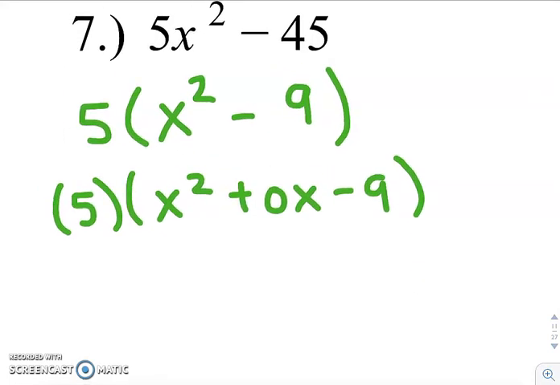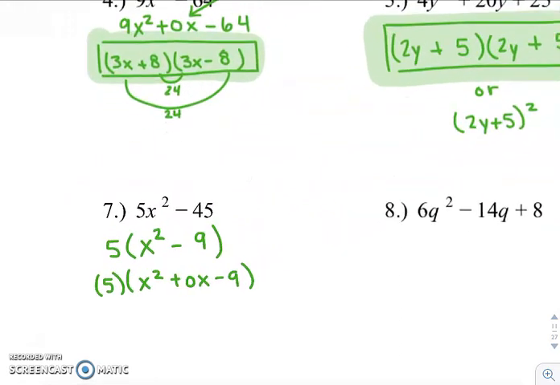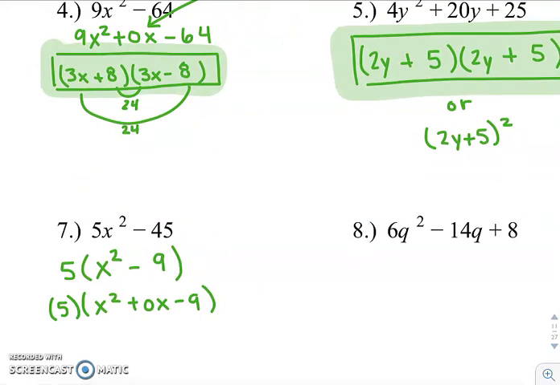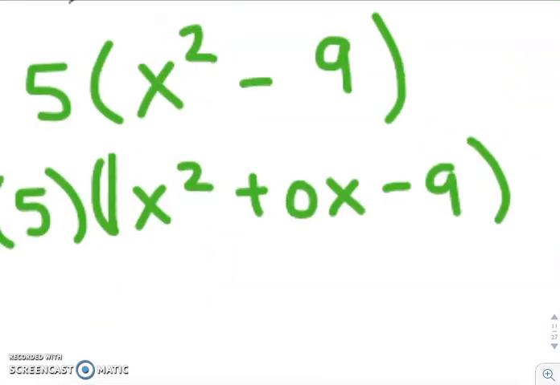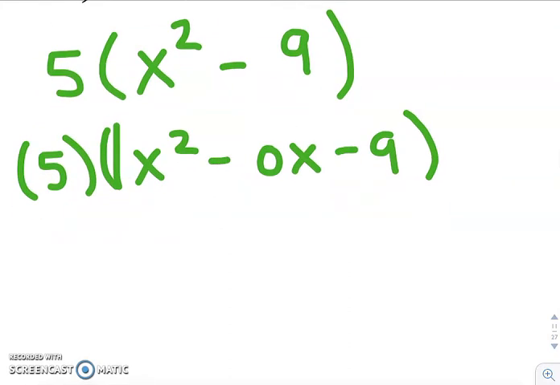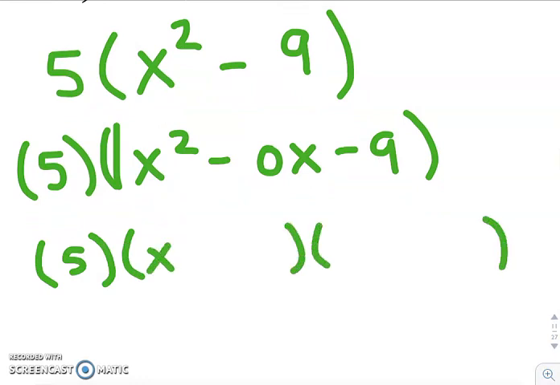So now we're going to factor this trinomial. Similar to number 4, these are two perfect squares, x squared and 9. 0 term in the middle. This should be a minus. So 5 stays. What multiplies to get you x squared? x times x. What multiplies to get you 9? 3 and 3.